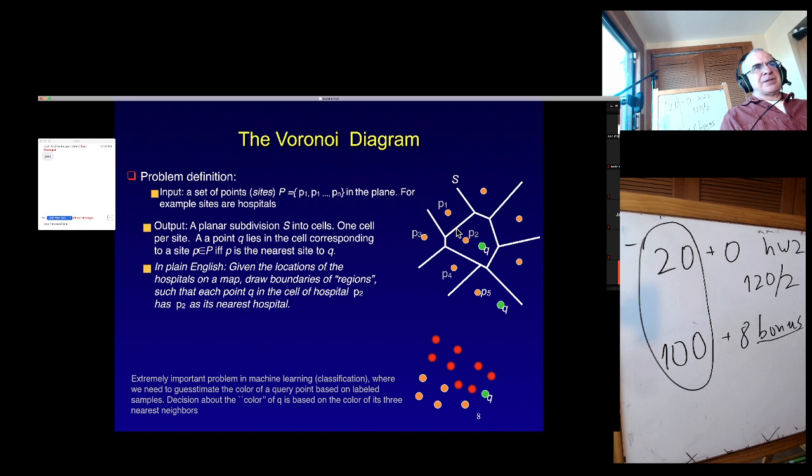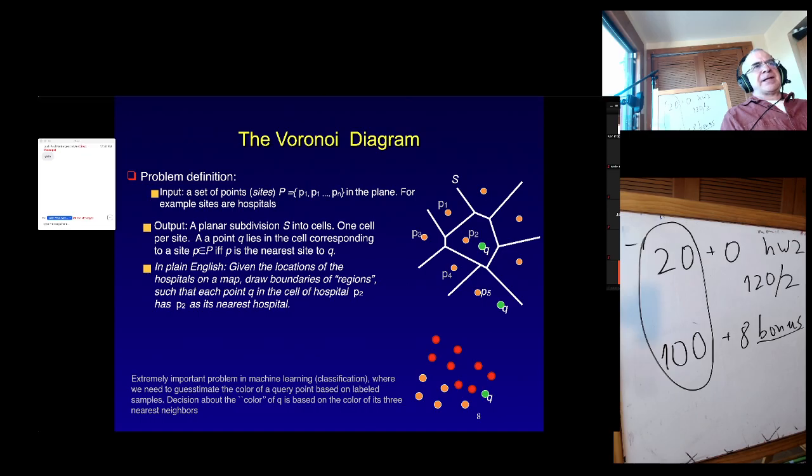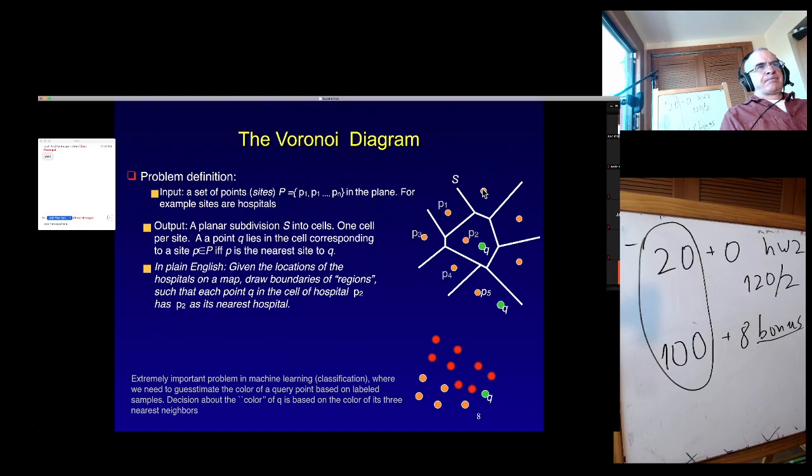Every point on the edge is equidistant from P1 and P2. And by the way, any other hospital is further away from me. P1 and P2 are my two nearest neighbors, and every other site is even further away.